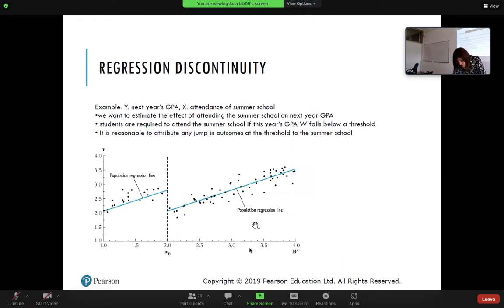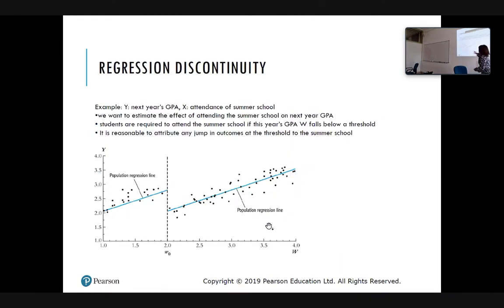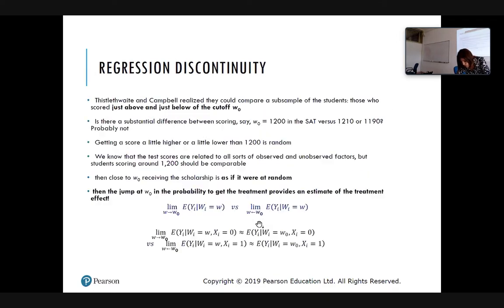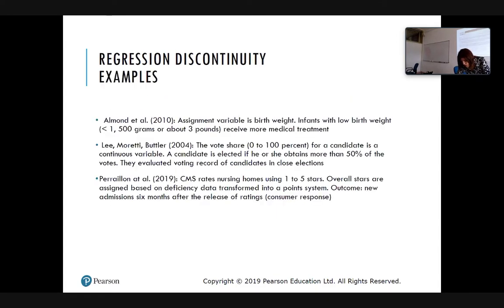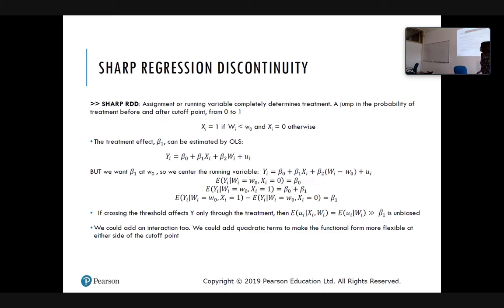This difference is this one. So we are computing this jump here by using that difference between conditional means at the threshold, and this difference is of course equal to beta 1. So this minus this is beta 1.